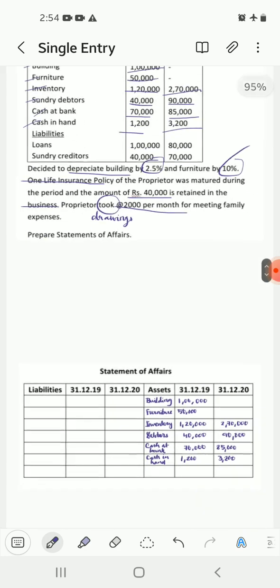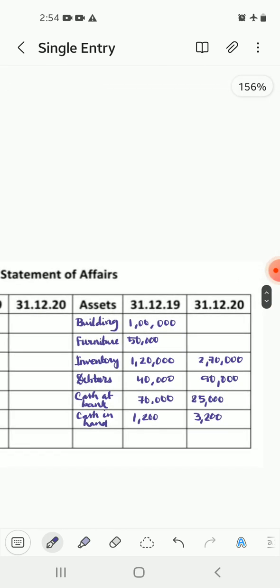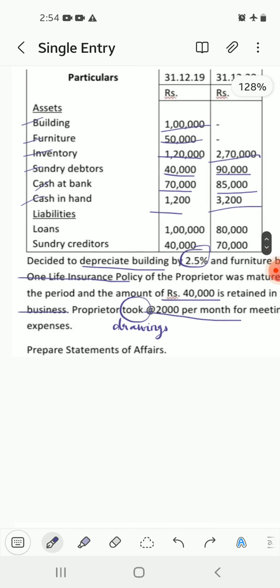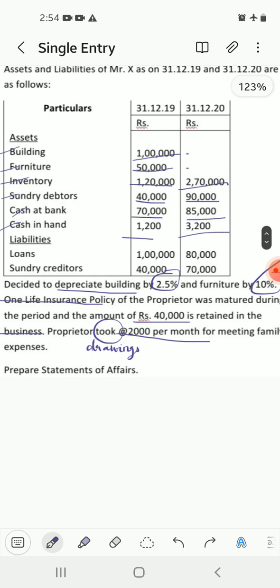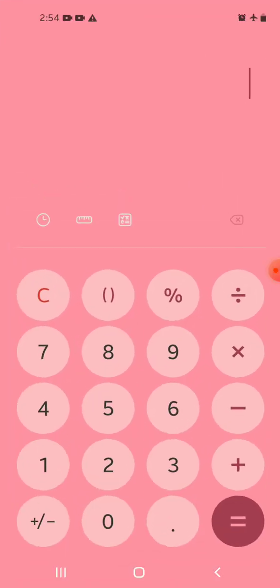Now see, there are two figures missing, building and furniture. You can see building is depreciated at 2.5% and furniture at 10%. So the 1 lakh building is to be depreciated by 2.5%. Let's calculate. 1 lakh into 2.5% comes to 2,500. So 2,500 needs to be deducted from 1 lakh.